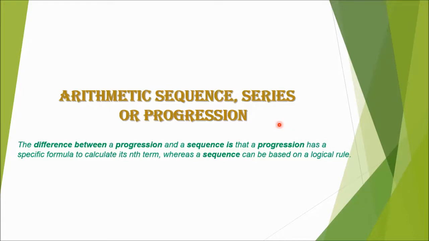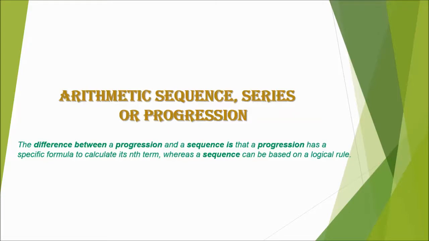So any sequence having this fixed formula to calculate the nth term is called progression. In progression, the nth term is always calculated by a fixed, specific, defined formula. But in sequence, sometimes we use logic, sometimes we use the concept of linear or quadratic. We did it in a different way.